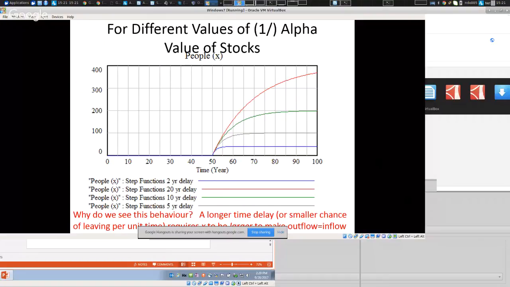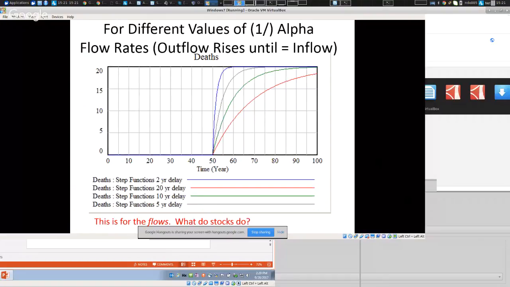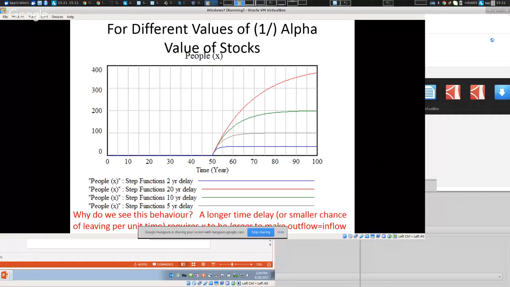So we've been talking here about how the value of the outflow follows the value of the inflow. That's what this is about. By contrast, if we want to think about the value of the stock, at some level it follows the inflow, but it doesn't always go to the same value.